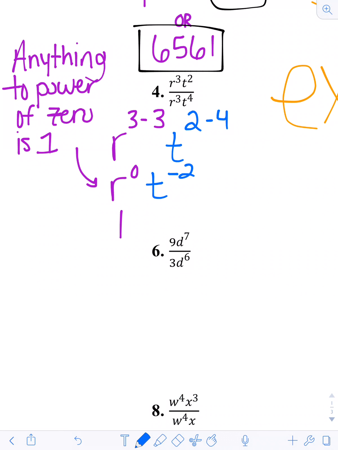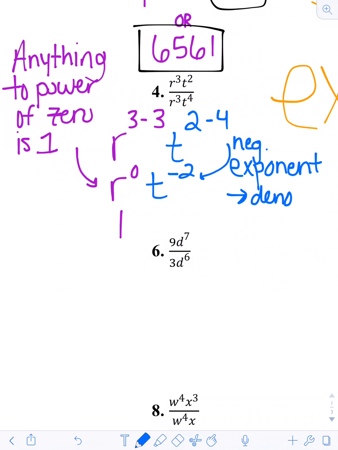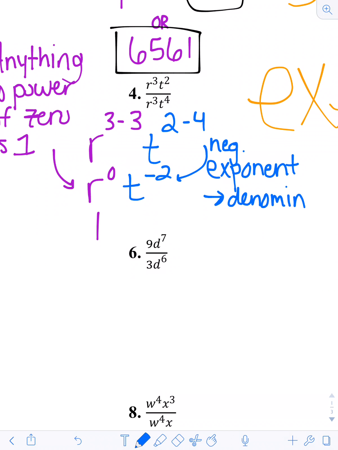Okay. Second important thing is anytime you have a negative exponent, you have to put it in the denominator, and it becomes positive when you move it to the denominator.